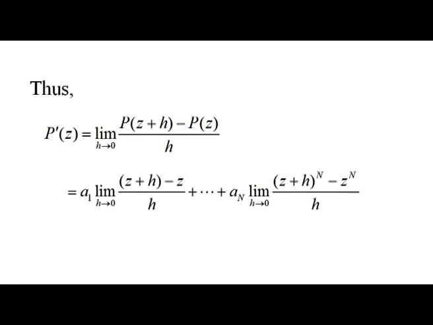Using this, this is equal to a1 times the limit of ((z + h) - z)/h, plus the next term, plus etc., plus the last term an times the limit of ((z + h)ⁿ - zⁿ)/h.